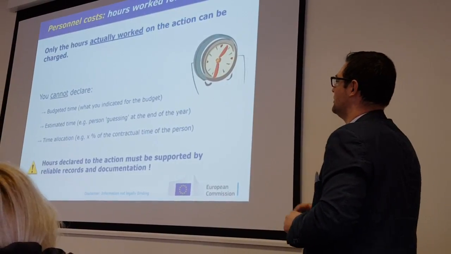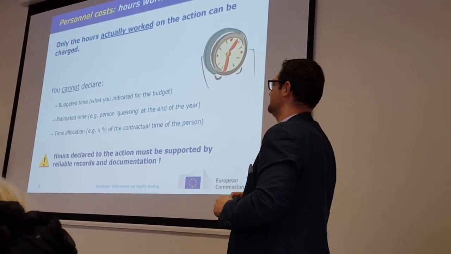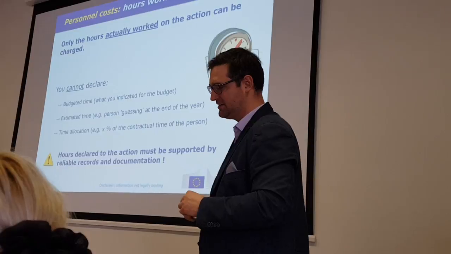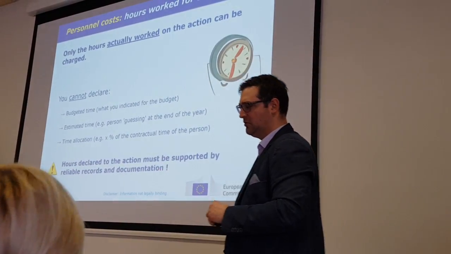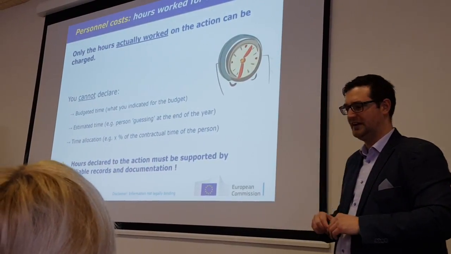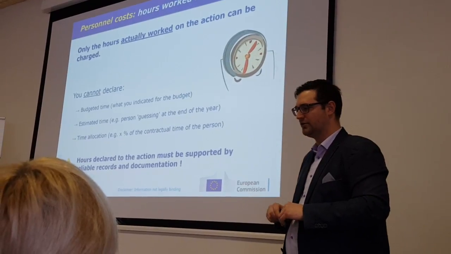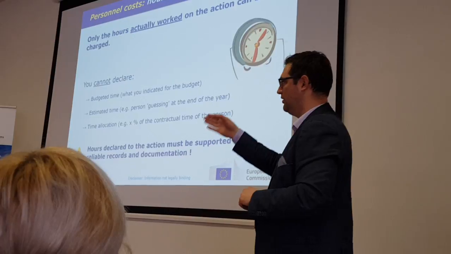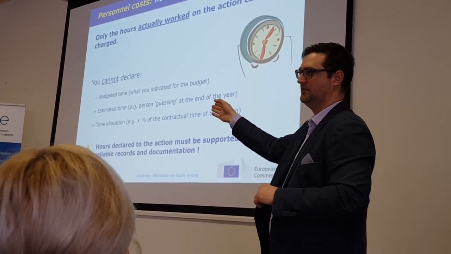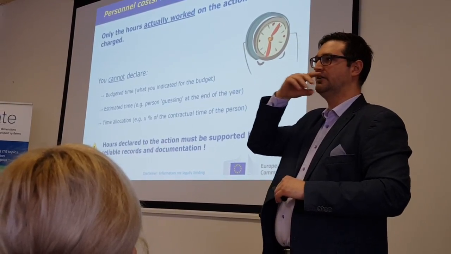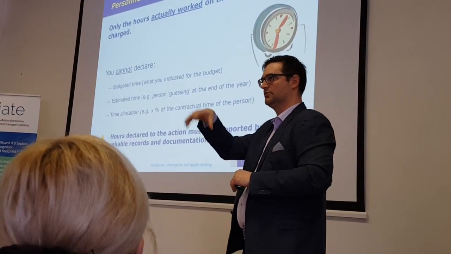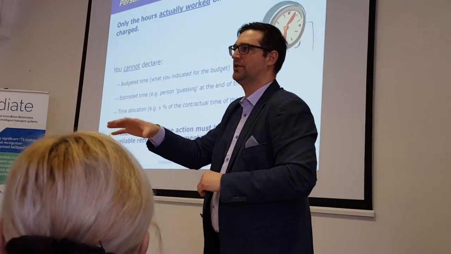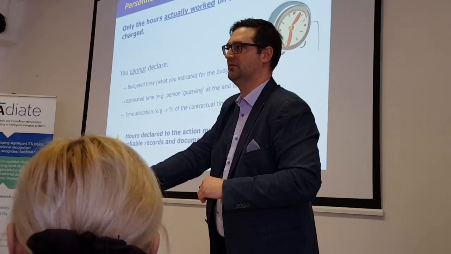And also the time allocation is, I would say, not recommended. It's also not allowed. But you've got one very specific case when you are fully or exclusively working for the action. Then your allocation is 100%. But if you are carrying out also other tasks under your contract, you never know how much time you are going to spend on the project each month.